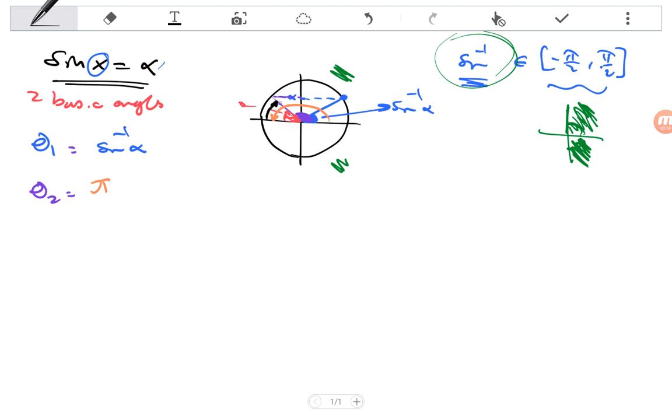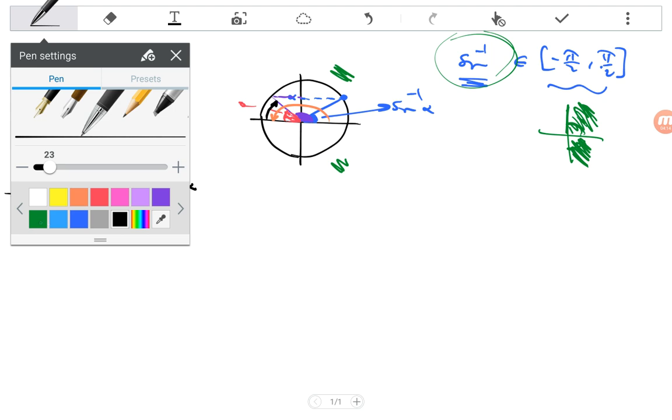The orange is in the positive direction and the black is in the negative direction. Then you are going back in the negative direction with sine inverse alpha. So that is the relation between the two basic angles of this equation.